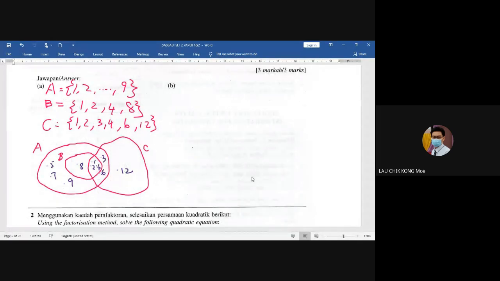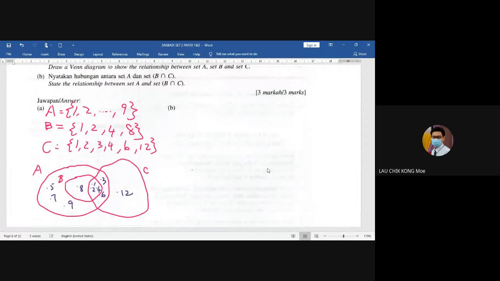Okay, and then B, state the relationship between set A and B intersect C. If we look at B intersect C, it is 1, 2, 4. 1, 2, 4 is inside A, right? So what is the relationship we can write here?